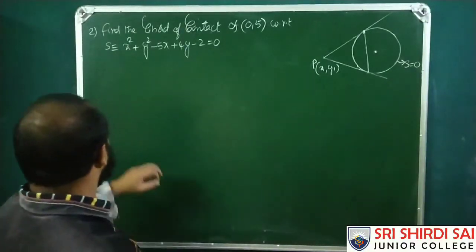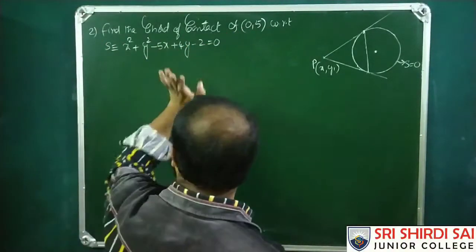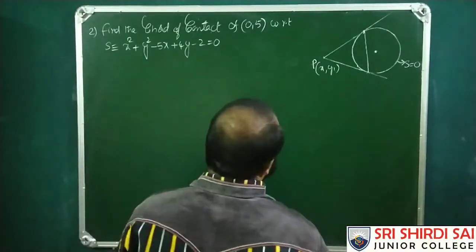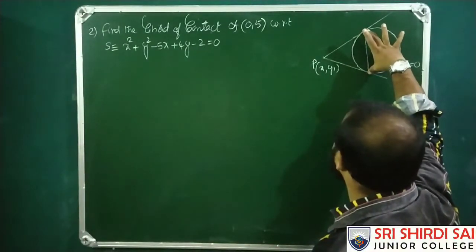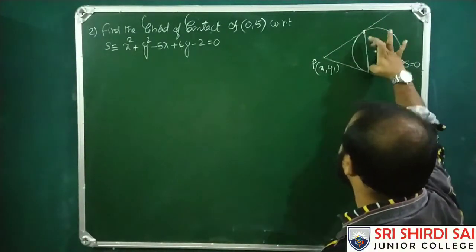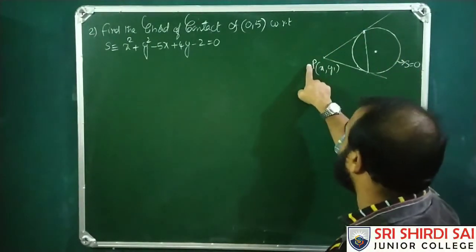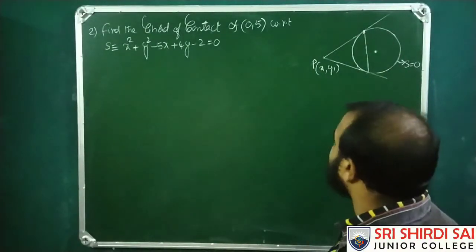The second question is, find the chord of contact of (0, 5) with respect to the circle. What is the chord of contact? The line joining the points of contact of the tangents drawn from external point P with respect to the circle S is called the chord of contact.